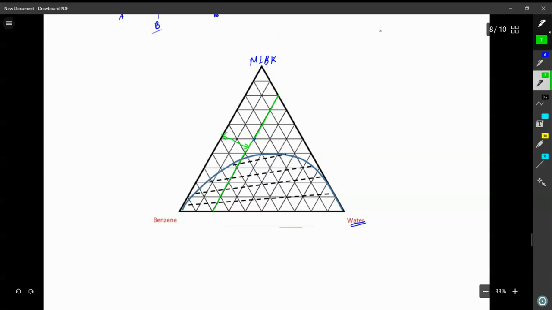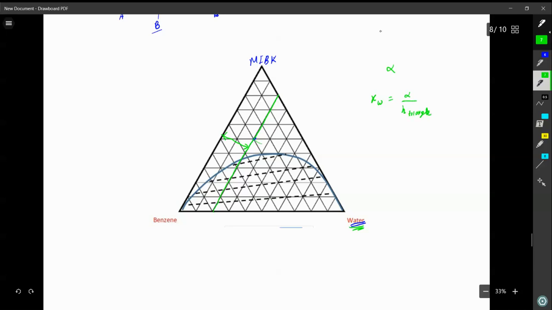Let's say the distance comes out to be alpha. Then the mole fraction of water, this component, is equal to alpha divided by the height of the triangle.